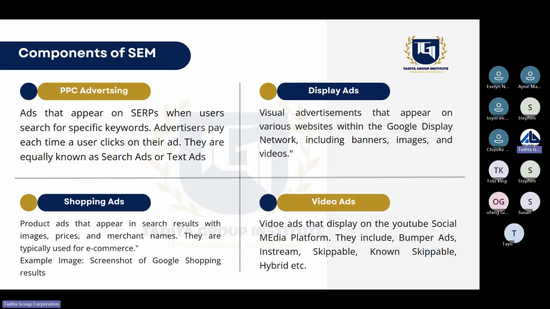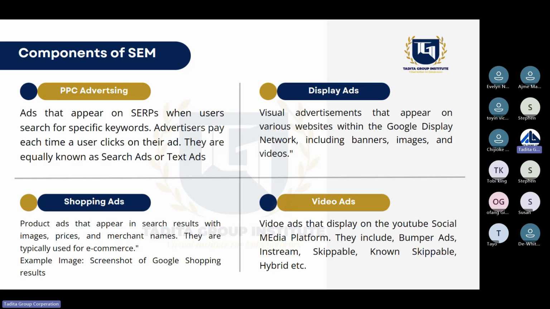Okay. Now, when it comes to PPC, PPC are those ads that always appear on the search engine result page. That's the full meaning of SERP. Those ads that appear on the search engine result page, we consider them as PPC. And why do we call them PPC? The reason is because those ads that have been created and display on the search engine result page, Google will only charge the companies that have created that ad when someone does a search and clicks on it.